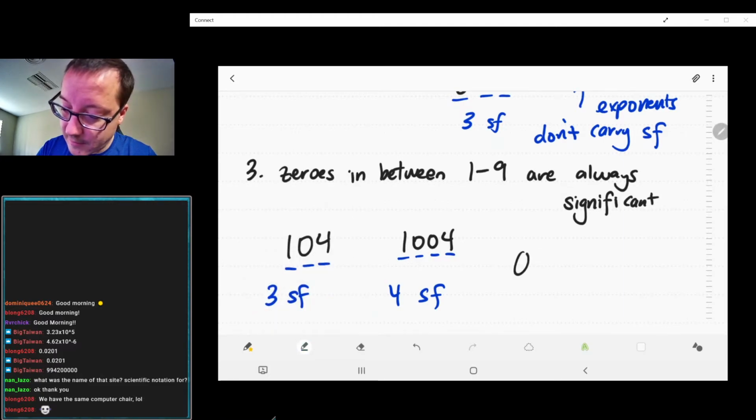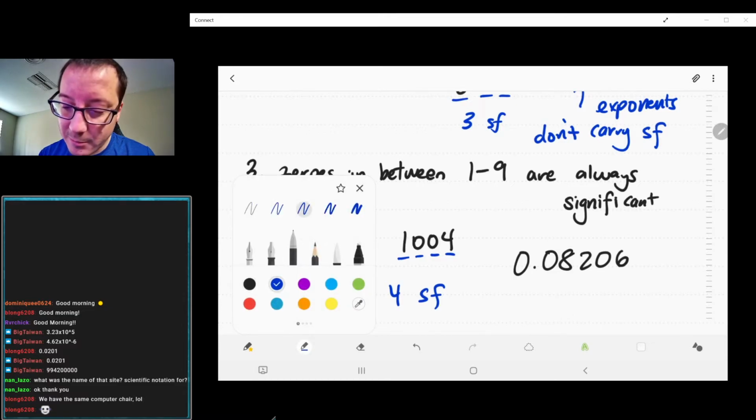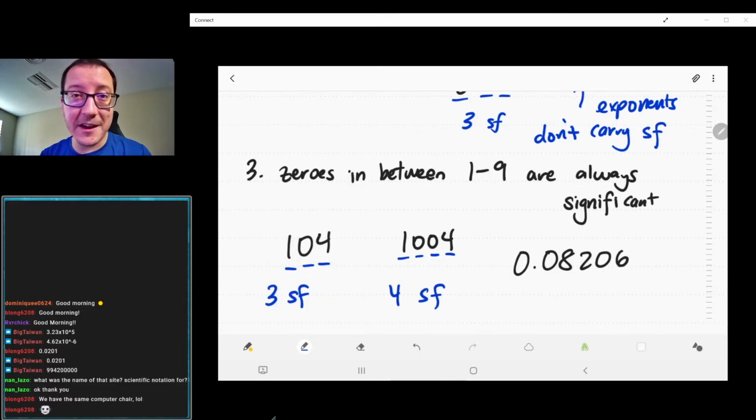Let's throw things a little bit more here. So let's look at this one step by step. First thing is we can identify that all non-zero numbers are significant. So let's just go ahead and underline those. So we know those for sure are significant digits. We now have 3 zeros to deal with.